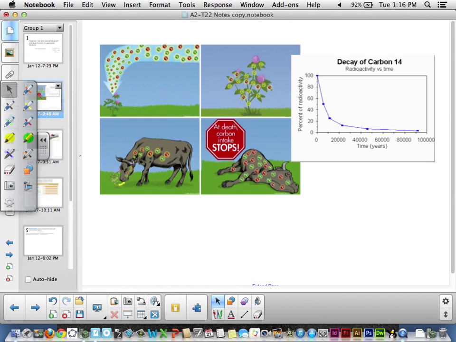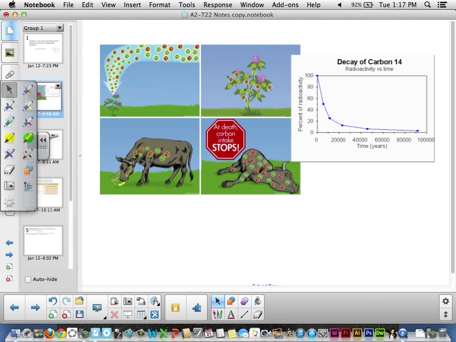All right. Another example is carbon dating. Animals and plants absorb carbon throughout their life. They absorb carbon to keep it at a steady rate. Once an animal or a plant dies, the carbon intake stops, and it's got a set amount of carbon. Over time, the amount of carbon left in that body decays at a certain rate.